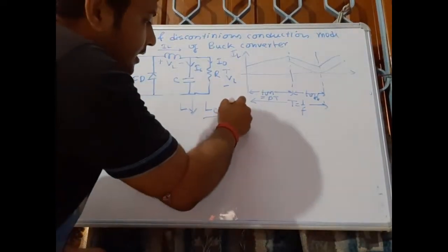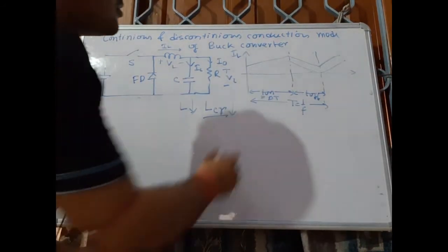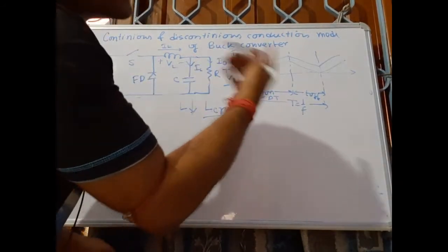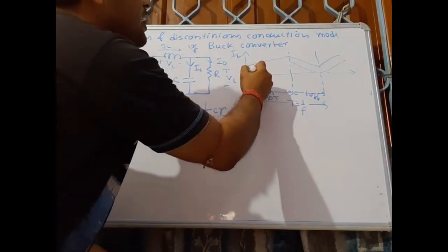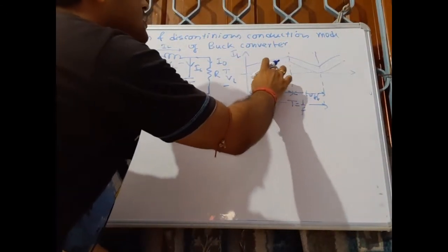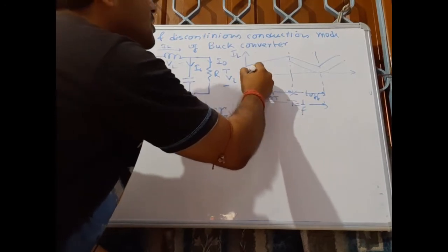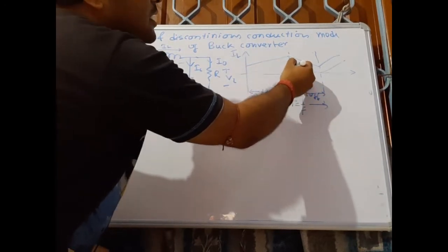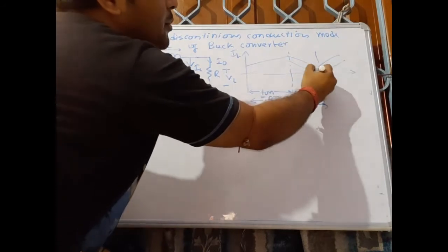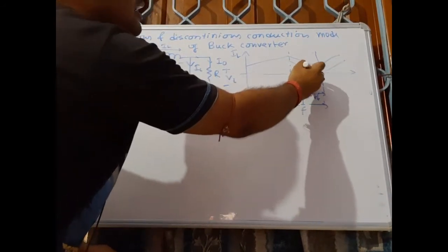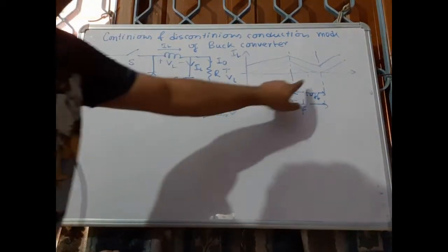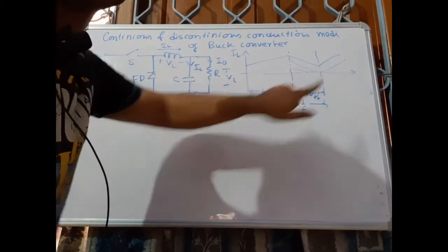If we further decrease the inductor value, we will lose the continuous conduction and get discontinuous conduction mode. Suppose this is the value of inductor current, and before the completion of T off, the inductor current is 0.